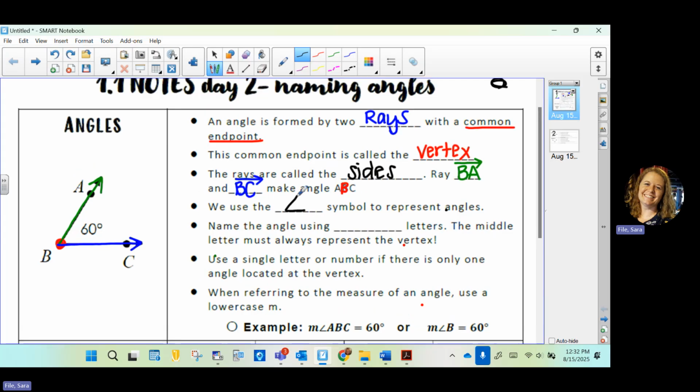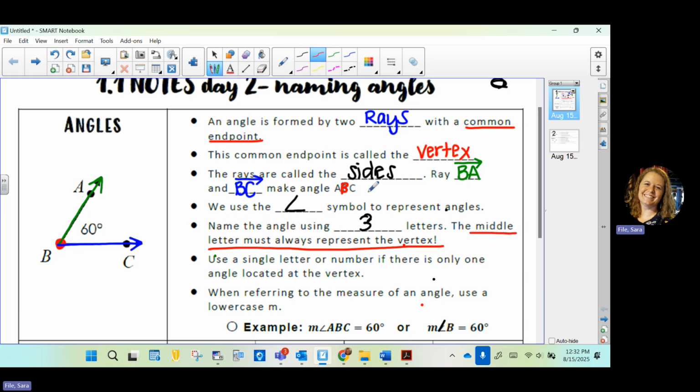You'll use this symbol, and you can see it down here. It's just an angle symbol. So angle, and then we use letters. We name the angle using three letters. The middle letter must be the vertex.